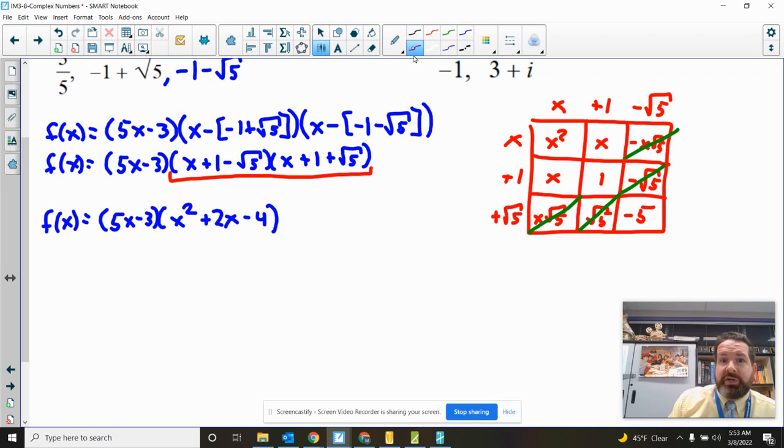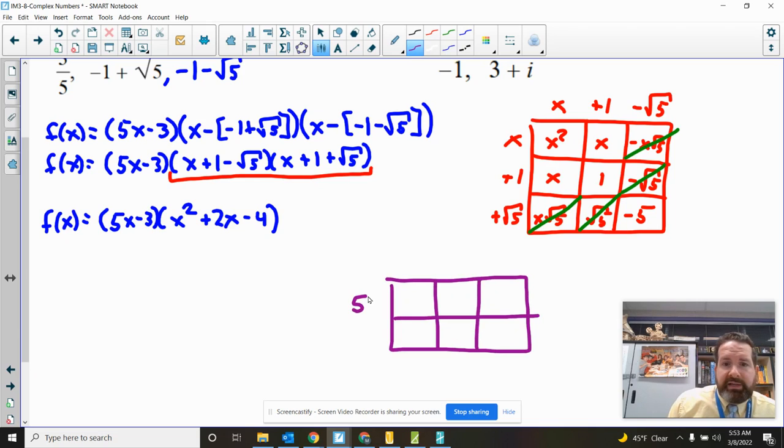I'm going to set up a second chart. So 5x minus 3, x squared plus 2x minus 4. So 5x to the third, 10x squared, minus 20x, minus 3x squared, minus 6x, plus 12.